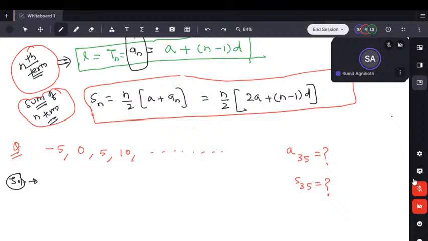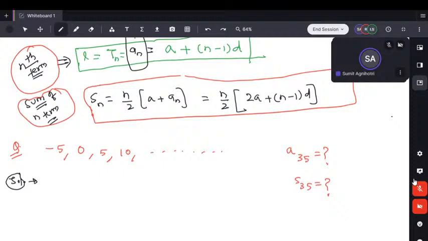N is 35, first term is minus 5 and last term is 165. When we further solve it, we get 160 here, that can be simplified as 2 times 80. Further we got 8 5s are 40, 8 3s are 24 and 4. Is it 2800 that you got? Yes, sir. 2800 is our answer.